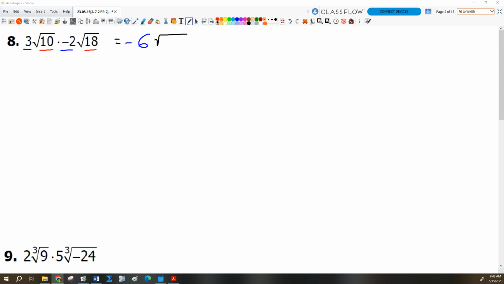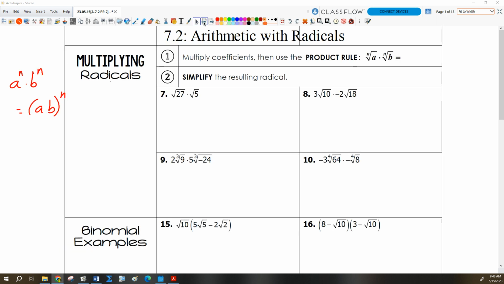And remember, that's just ringing a bell. We haven't done this in a while, right? But we always talk about when we multiply square roots together, we multiply outside numbers together and inside numbers together, right? Okay, well, let's backtrack a second then. What did we just do? A square root is just a second root. We don't write the 2, but it's there, right? So then what is the nth root of a times the nth root of b?